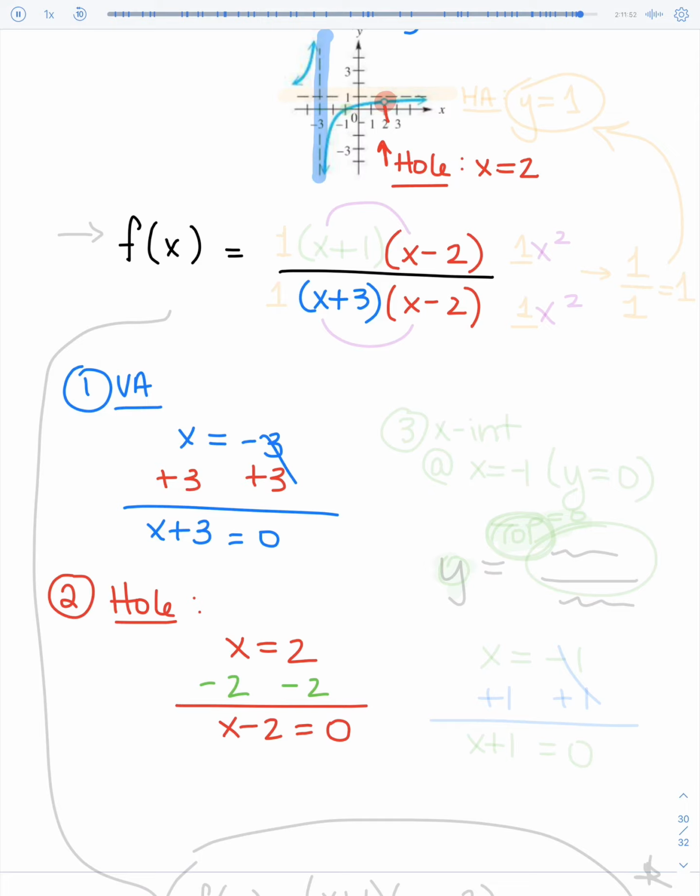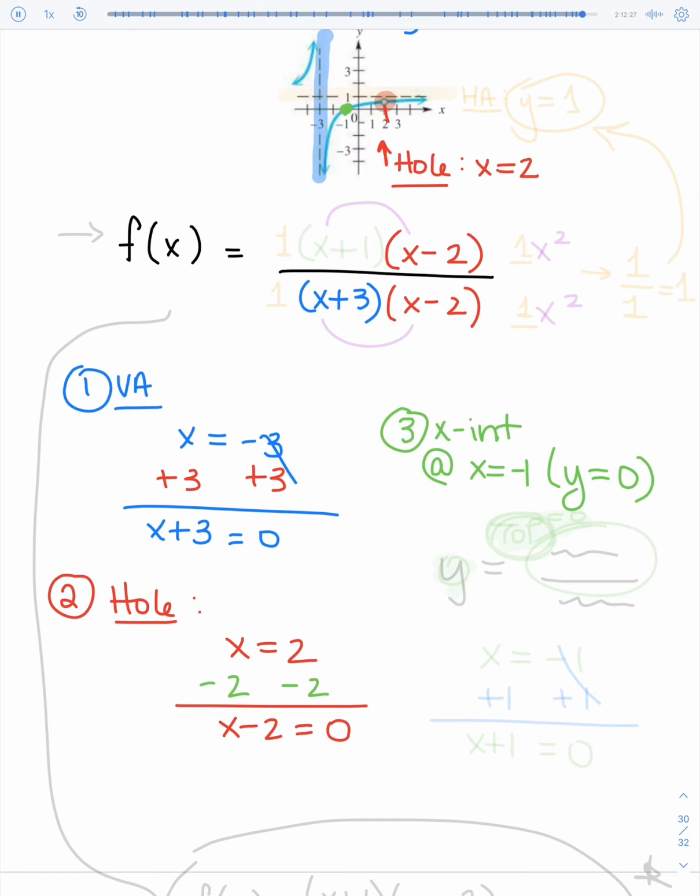The next thing I need to make sure of is that I'm actually going to cross through and have the x-intercept that I want. That x-intercept is at -1. So how do I make sure that I get an x-intercept at x equals -1? Well, remember, an x-intercept means that you had a y value of 0.